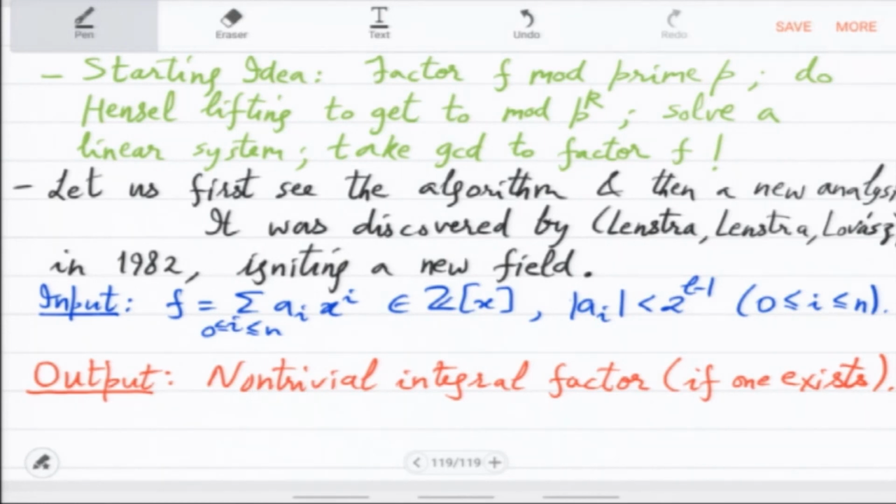So let us now go into the L-cube algorithm. This algorithm is called L-cube.